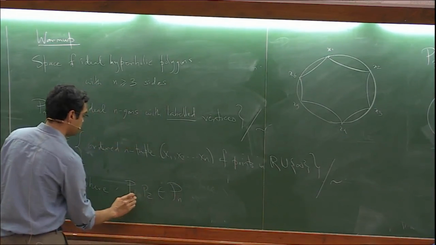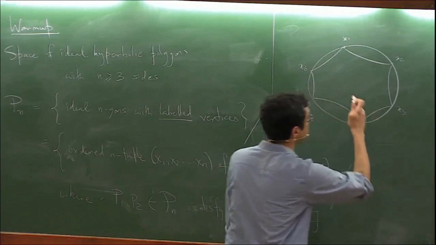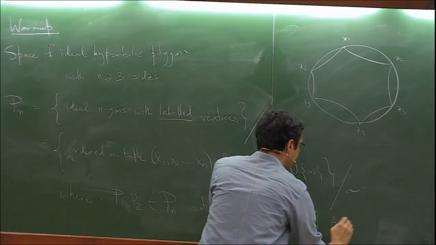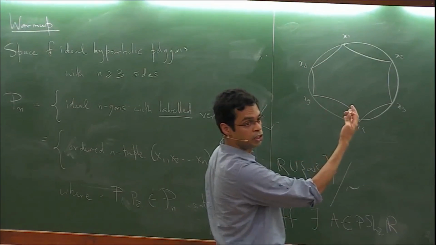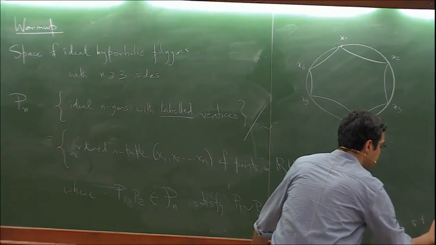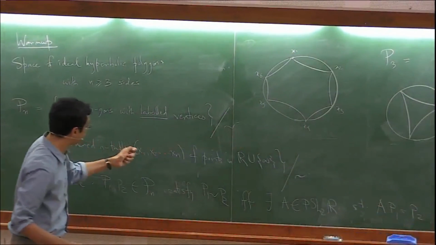So P1 and P2 in the space are related if and only if there exists an isometry taking one to the other. I want the isometry to be an orientation preserving isometry of the hyperbolic plane. So there's an element A in PSL2R, an automorphism of H2, or an isometry of the hyperbolic metric, such that A takes P1 to P2, and the vertices go to the corresponding vertices.